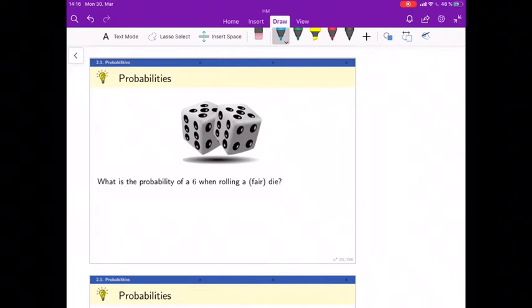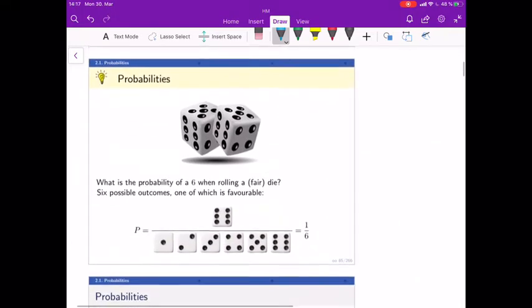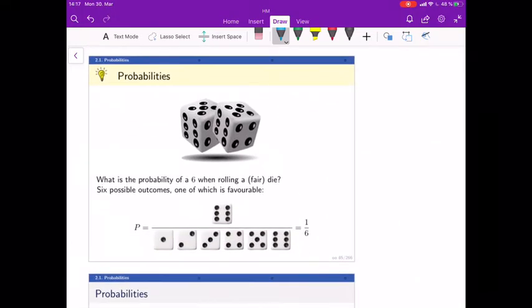Okay, so how does it work with probabilities? A simple approach is the following. If you wanted to know the probability of rolling a 6 with a fair die, we could say there are 6 different outcomes, and this one, the 6, is our favorable one.